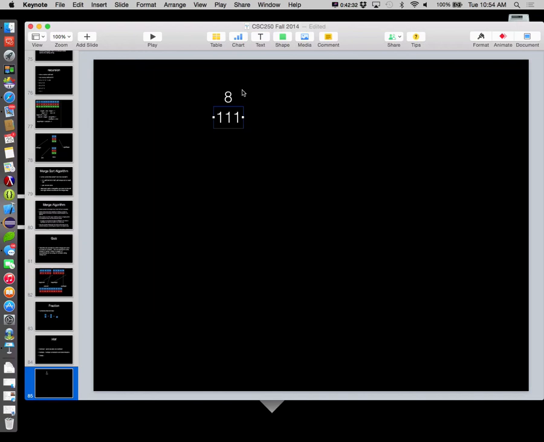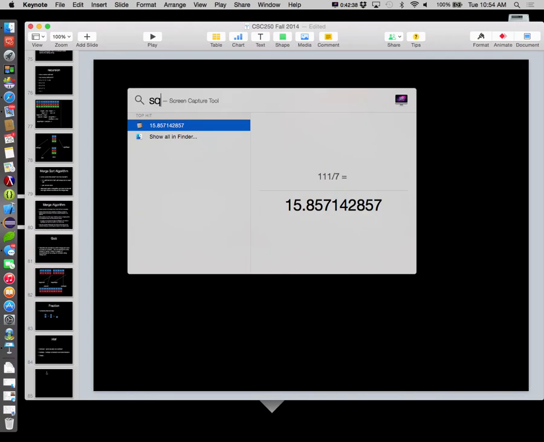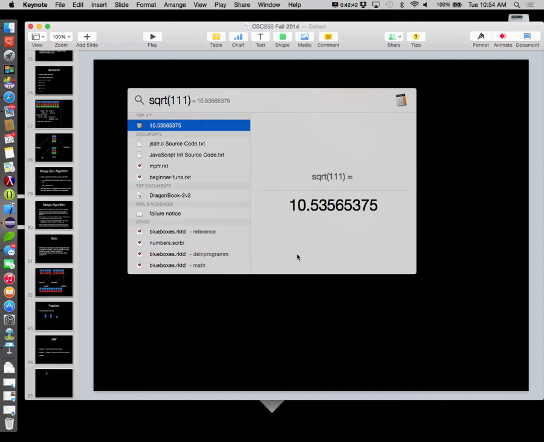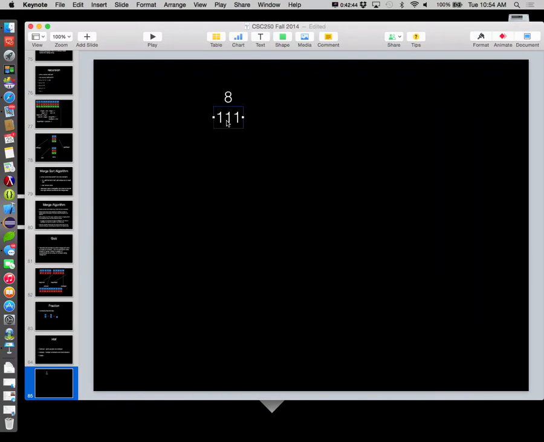Before we get to this, I want to figure out the right way to ask the question. Well, here, let's do this one. Square root of 111 is 10.5. Let's just say that. So this is the square root of that number. Okay? So 8 does not evenly divide 111.